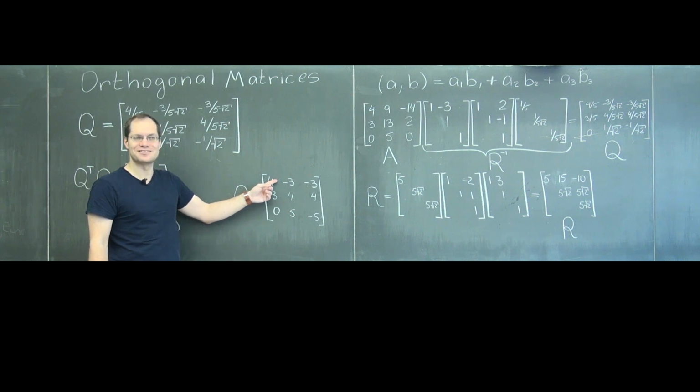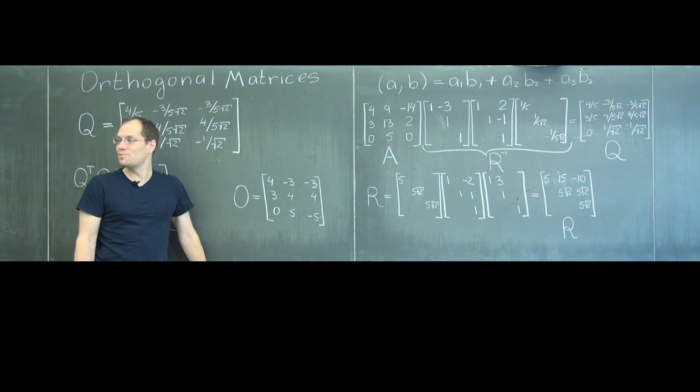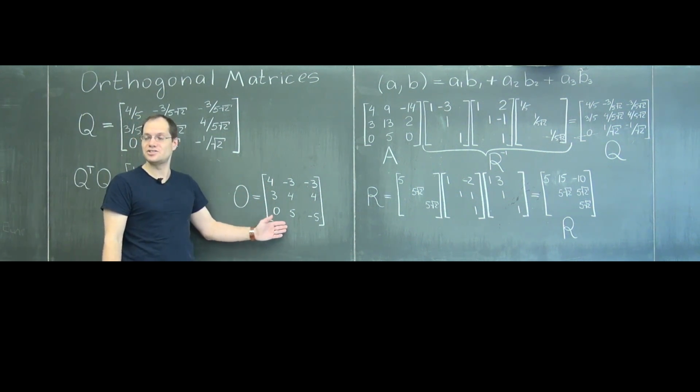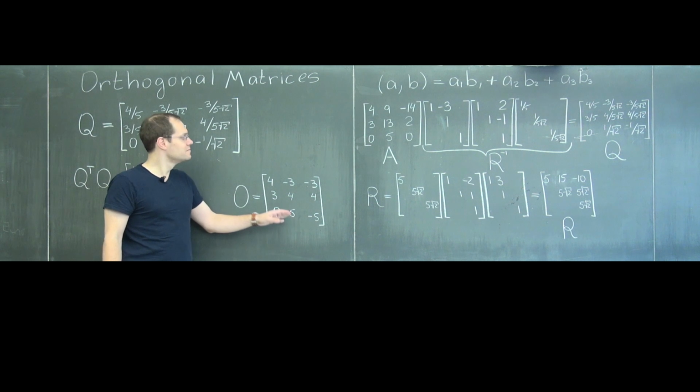And these two are by accident also. It's because of the special values that I picked. But there is no reason to expect them to be. Why would they be? If the columns are orthogonal, what's the connection? That the rows will be orthogonal also. Nor are they normalized to unity at all. So the fact that there's some orthogonality in there is a total coincidence. That can happen, but there's no reason to expect it to.